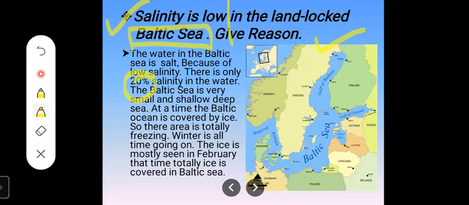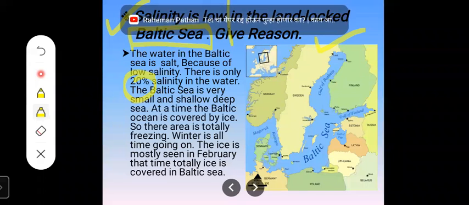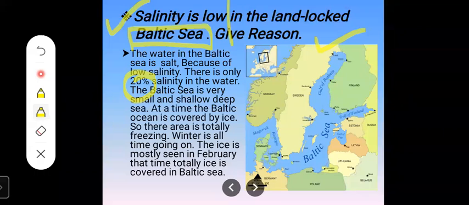The area is totally freezing. Winter is going on all the time. The ice is mostly seen in February. At that time, the Baltic Sea is totally covered with ice. Here you can see this Baltic Sea.